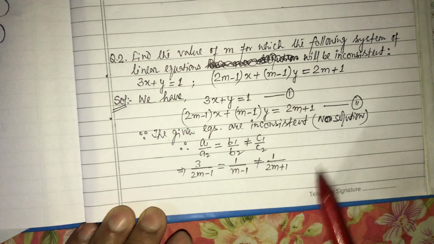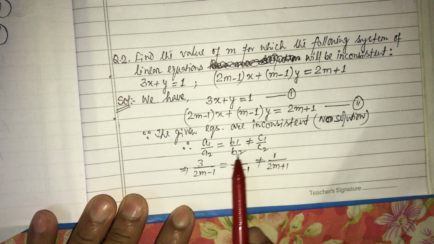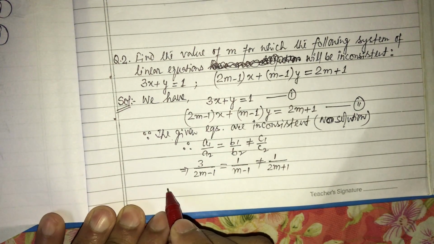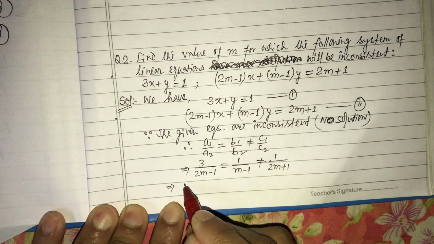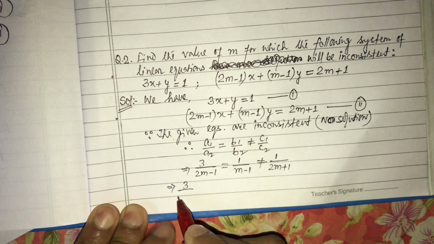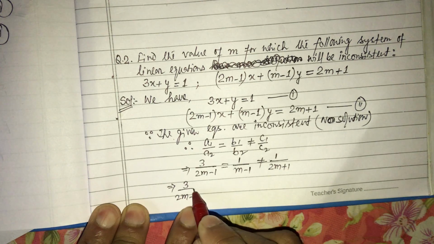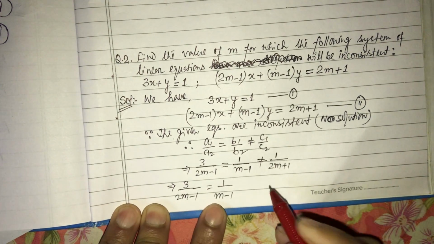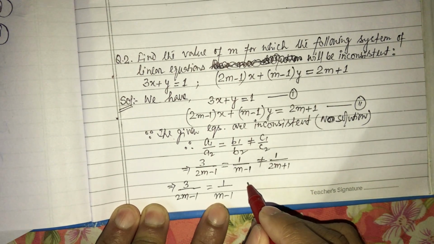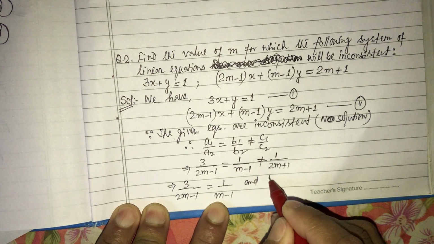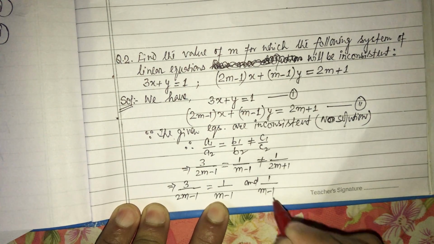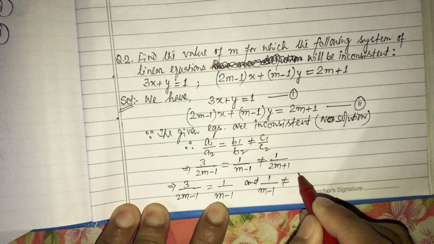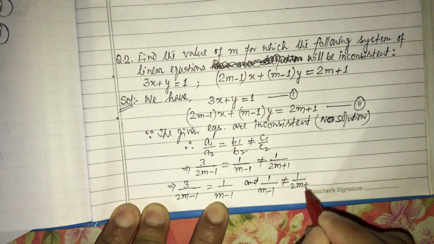So 3 divided by 2m minus 1 is equal to 1 by m minus 1, and this second, 1 by m minus 1 is not equal to 1 by 2m plus 1.